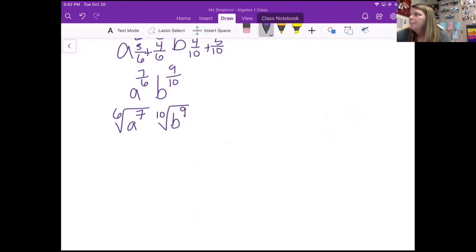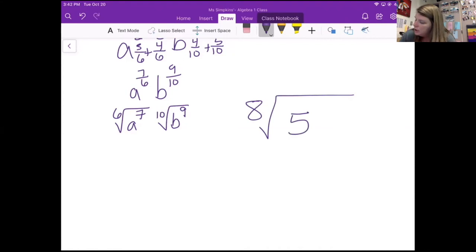Hold on, let me pull it up. The question from the homework says the 8th root of 5 to the 2/3 power. Okay, and I'm asking you to simplify that.